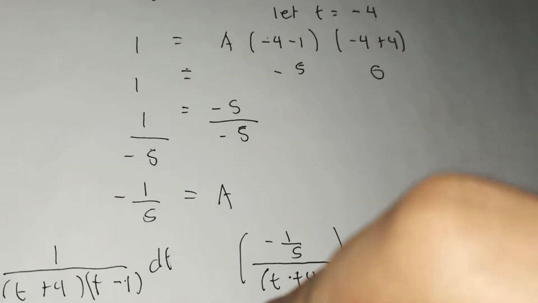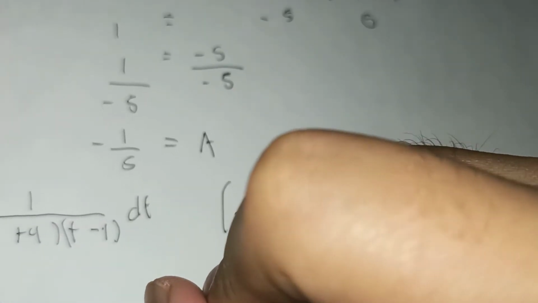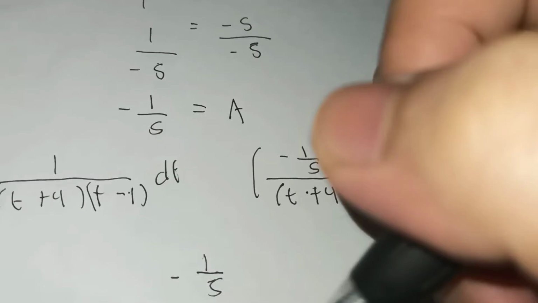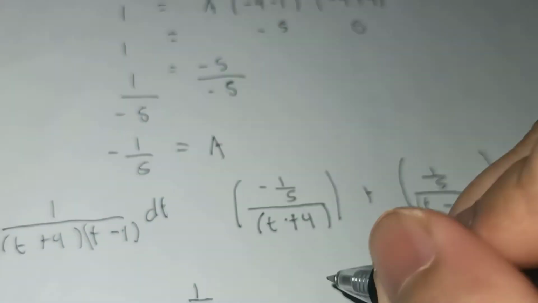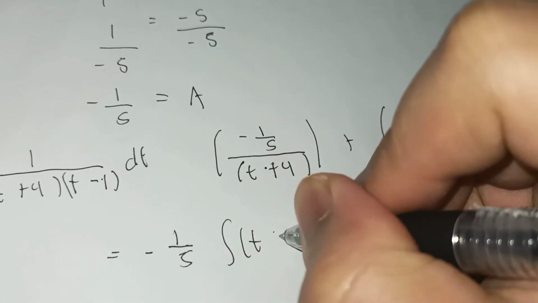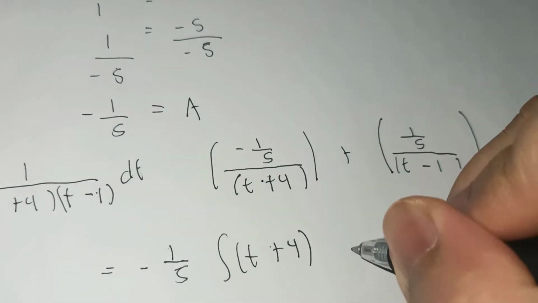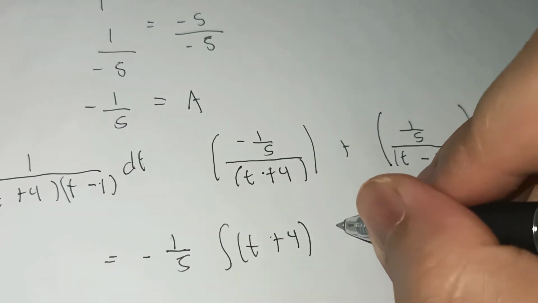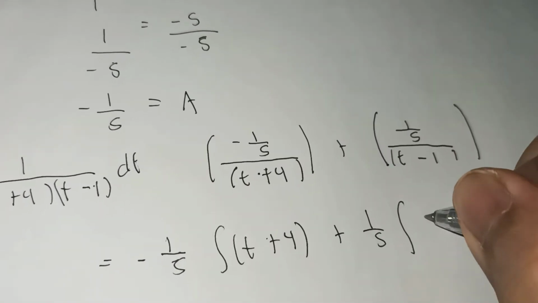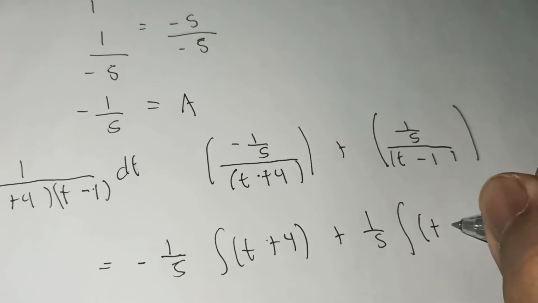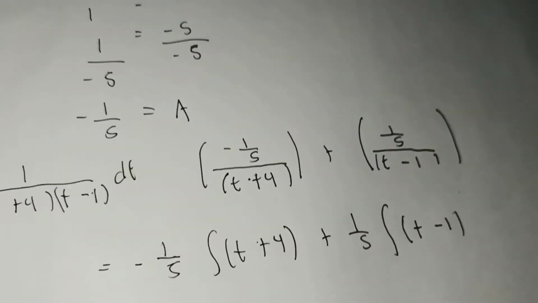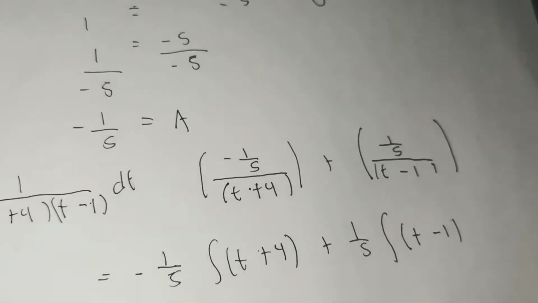Now you have to separate this: negative 1/5 integral of 1 over t plus 4, and then plus 1/5 integral of 1 over t minus 1, dt.